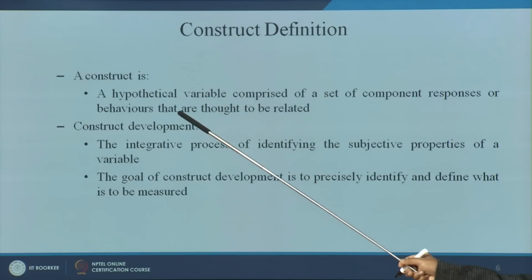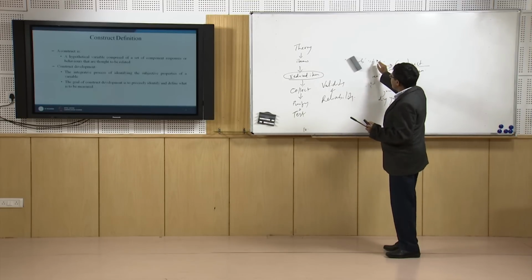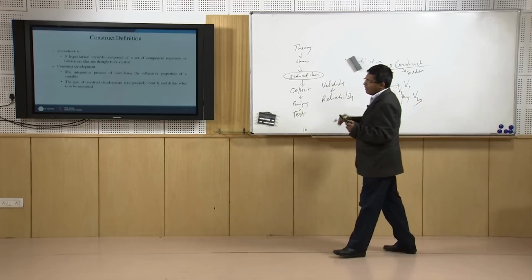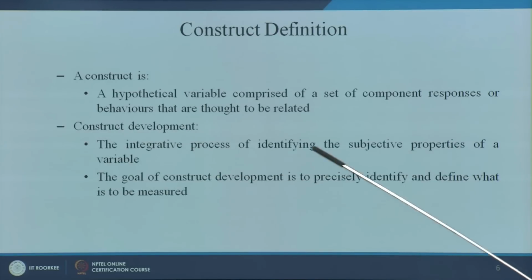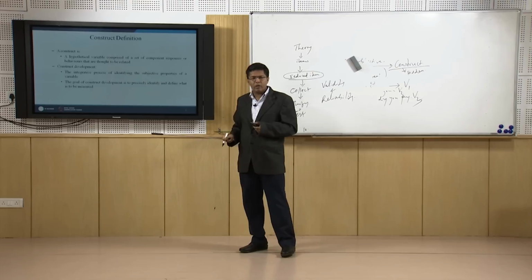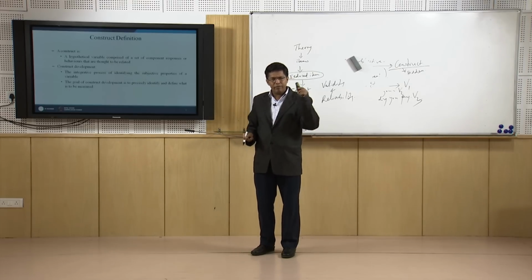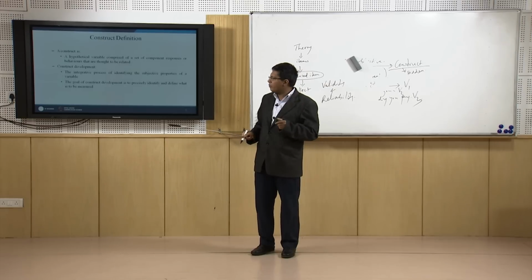The items I mentioned had some relationship with the construct, let us say satisfaction. It is an integrative process of identifying the subjective properties of a variable. So it is not only a quantitative approach; we first start with the theory, so we have a subjective understanding about it.